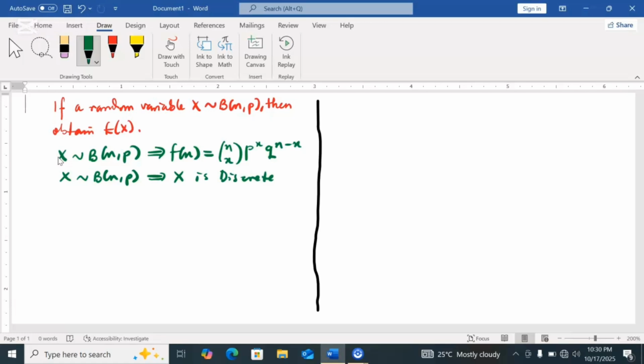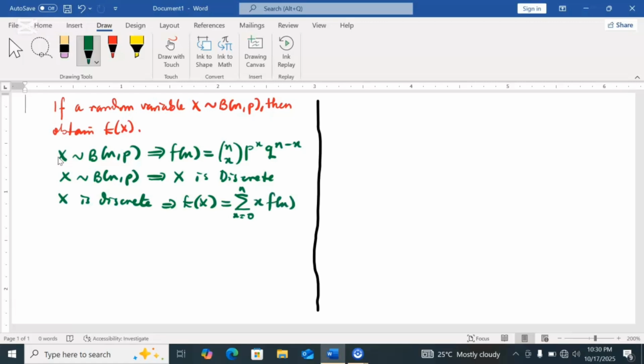And again, if X is discrete, then the implication is that the expectation of X will be summation from x equals 0 to n of x times f of x.